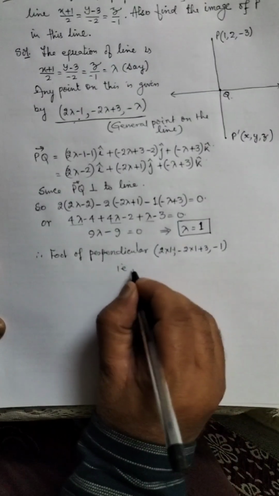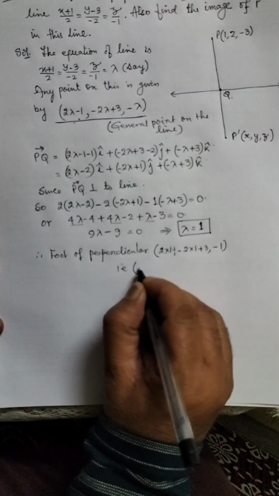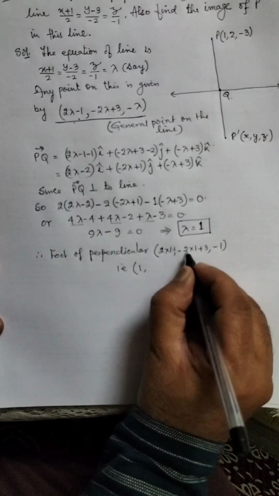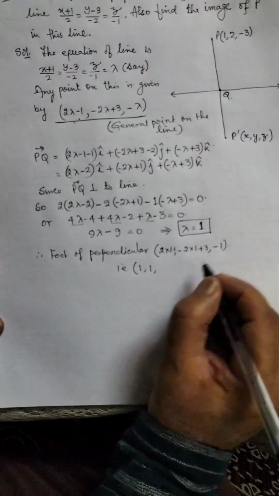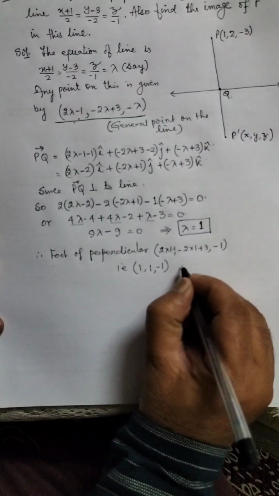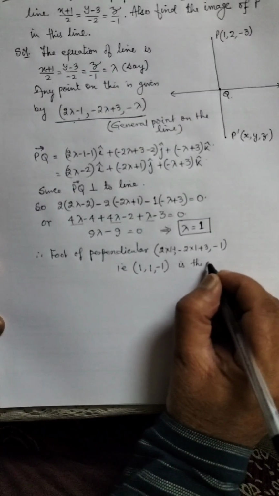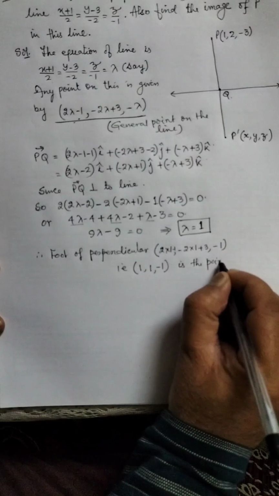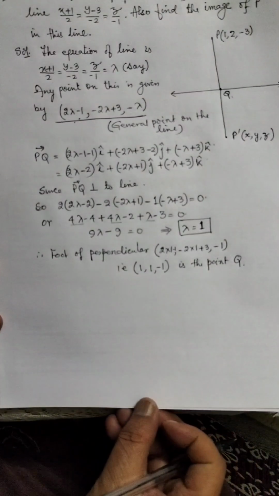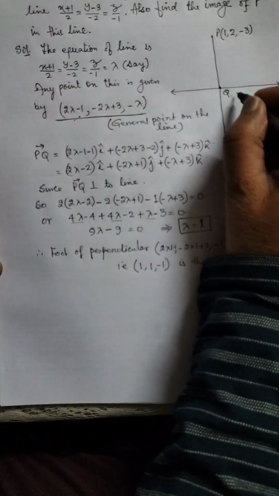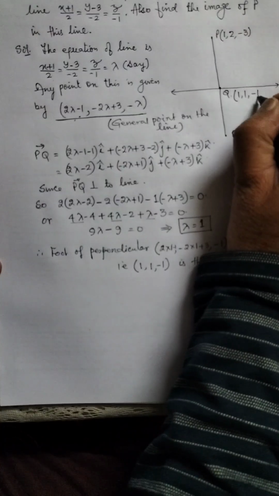That is 2 - 1 is 1, -2 + 3 is again 1, and this is -1. This is the point Q. Now we have got the coordinates of this point Q as (1, 1, -1).